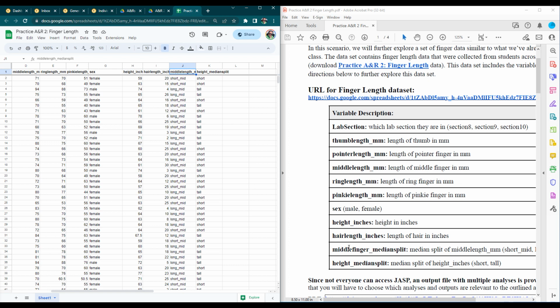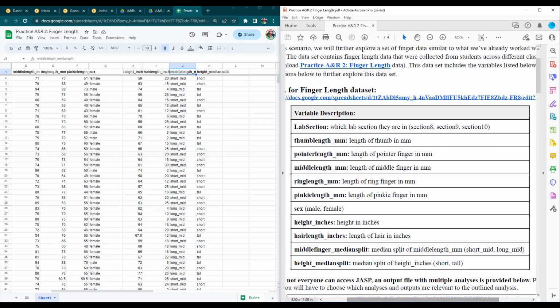Then we have a variable middle finger median split. So in this case, that middle length variable has been taken and ordered and then split in half based on where that midpoint, that median was. So we now have it split into people with shorter middle fingers and people with longer middle fingers.